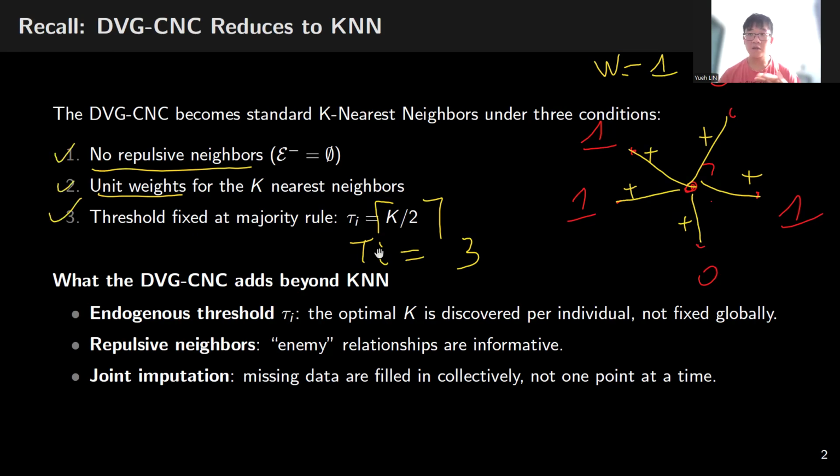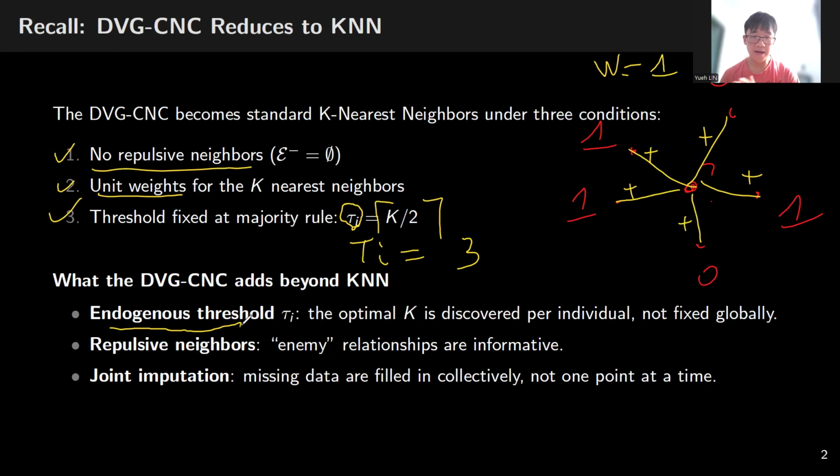So in a sense, KNN is a special case of our voting game model under these three assumptions. But in addition to that, the voting game model allows more freedom in fine-tuning the model to make it better suited for each special case. One point is that in the voting game model, the tau i is based on the individual. Since we have this endogeneity of the tau i, it gives a lot more freedom in choosing it.